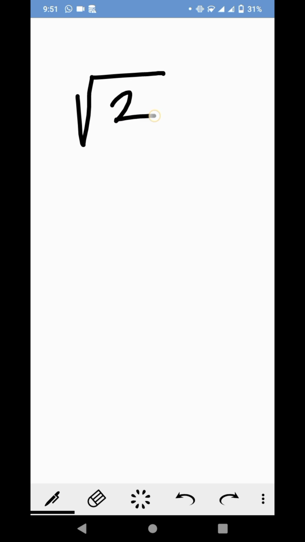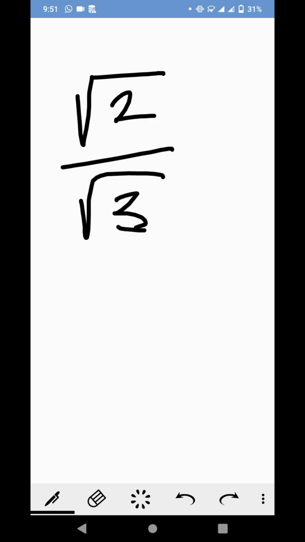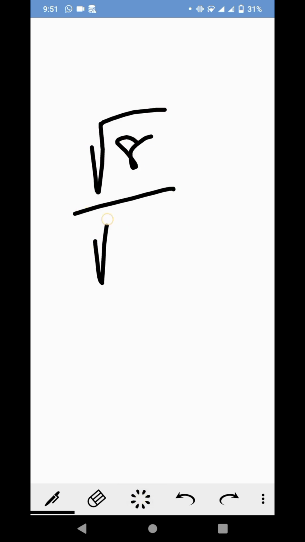Okay, so unlike surds as well can be divided. Root 2 divided by root 3. But this is what you finally have as your expression. There's nothing you can do about it. But root 8 divided by root 2, unlike surds can be divided.